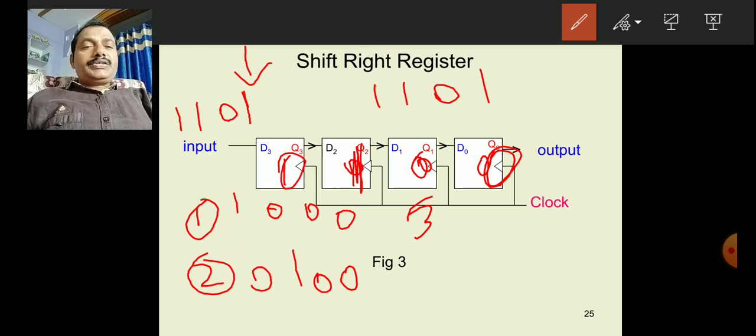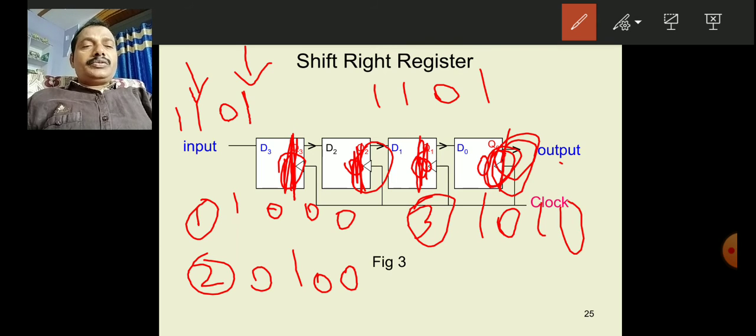Third pulse, this 1 is shifted here. So 1 here, and this 0 is shifted into here, this 1 is shifted into here, and this 0 is shifted into here. That means 1 0 1 0.